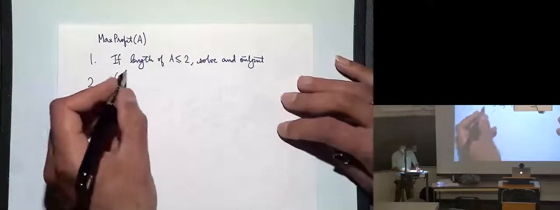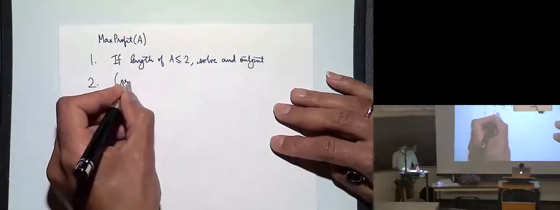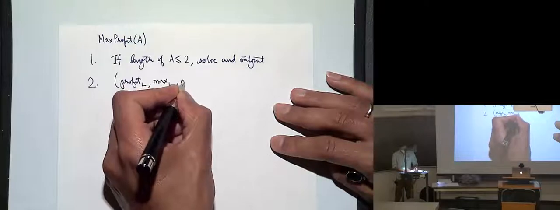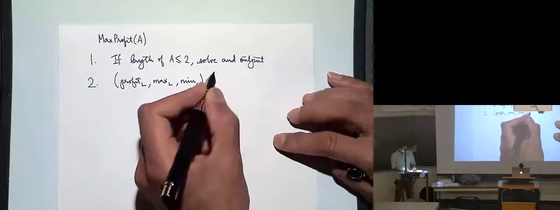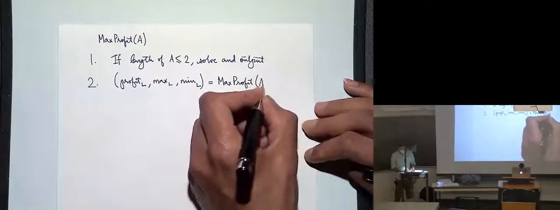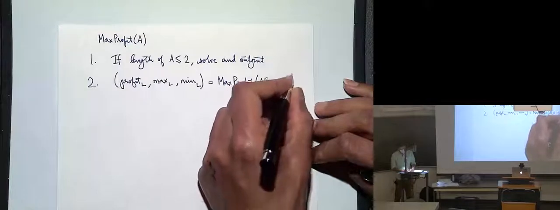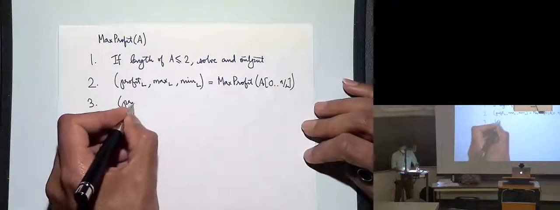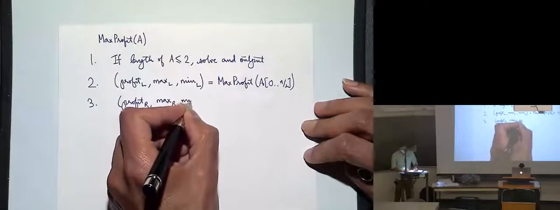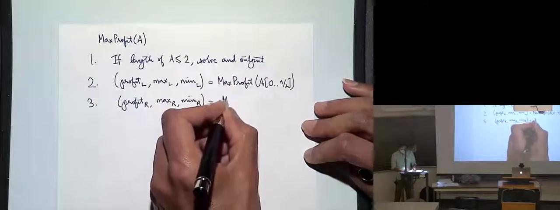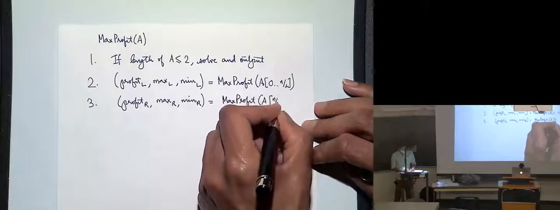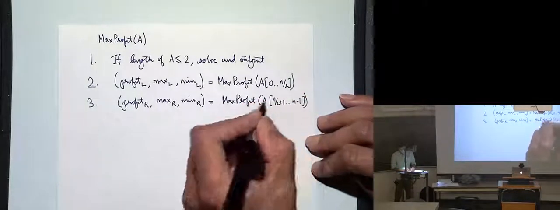So I'll call it the profit L, max L, and min L is equal to the output of max profit of A, 0 going to n over 2, then the profit R, max R, and min R is the output of the max profit procedure from A of n over 2 plus 1 to n minus 1.